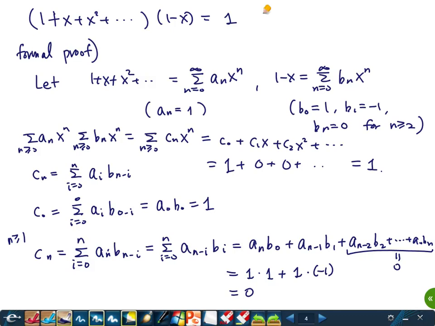But usually the way I multiply two generating functions, let me explain one more time how we multiply these two.